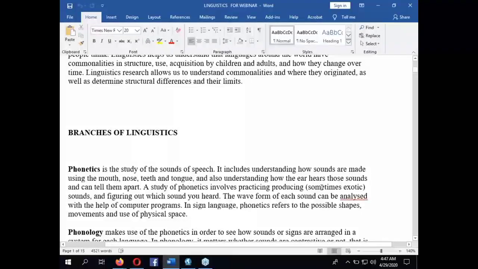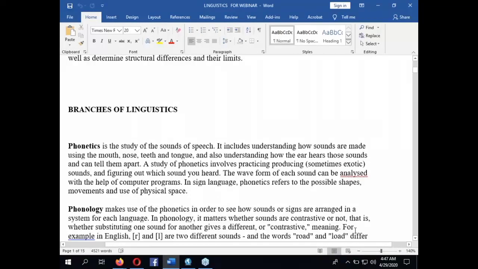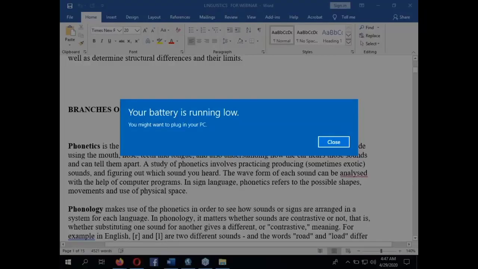And so when you talk about English phonetics, we're looking at the sounds of English speech. We're going to look at how sounds are made using the mouth, the nose, the teeth, the tongue, and also how the ear perceives those sounds.